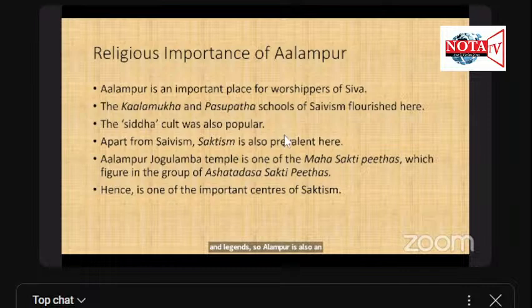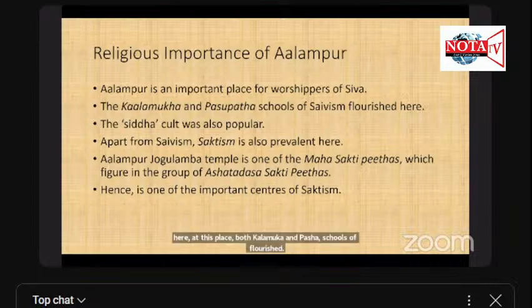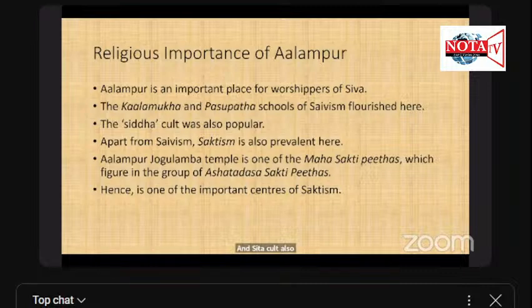When we look at the religious importance of Alampur, it is an important place for worshippers of Shiva. Here, both the Kalamukha and Pasupata schools of Saivism flourished, and the Siddha cult also became popular. Apart from Saivism, Shaktiism is also prevalent here, and so we can also see sculptures of Saptamatrikas.